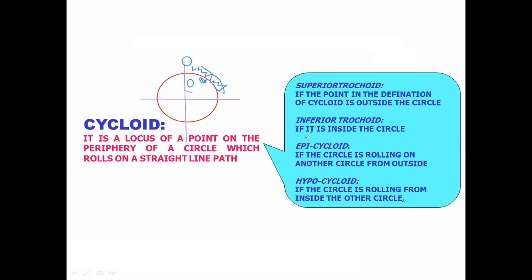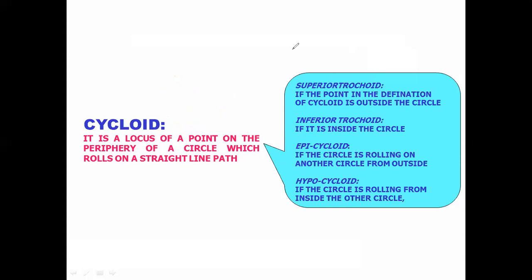So if it is inside, then it will be an inferior trochoid. If it is outside, then it is a superior trochoid. That we have seen. Then epicycloid and hypocycloid. Understand? What is that? Epicycloid is when the circle is rolling on another circle from outside.